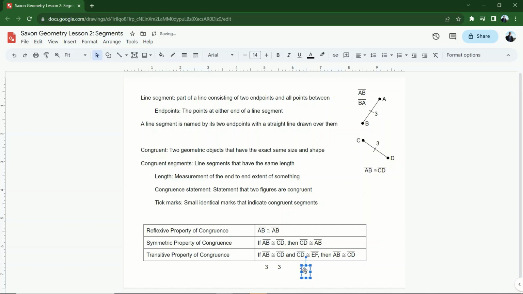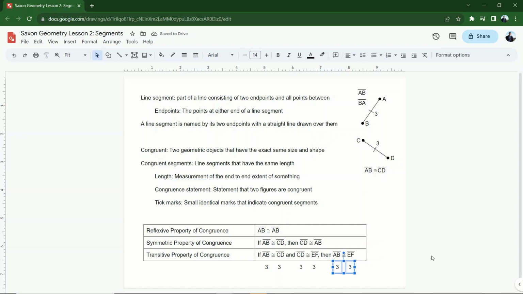It must have a length that's the same, a length of 3. Well then, AB must be congruent to, oh, I'm sorry, this is incorrect. It should be AB is congruent to EF. But it should still make sense because AB had a length of 3 and EF has to have a length of 3, so they still have to have the same length.